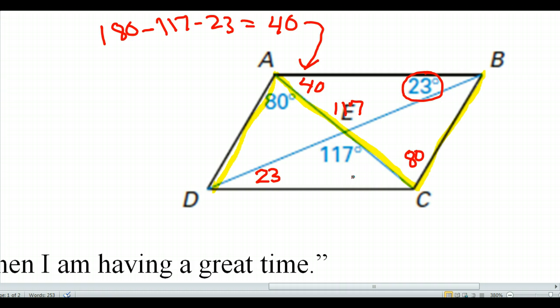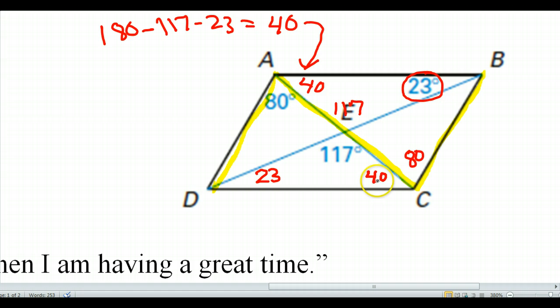Okay. I mean, the bottom triangle is identical to the top triangle. So if we have 117 and 23, obviously the other one is going to be 40. You could do a Z angle and see it that way as well. But subtracting from 180 again gives us 40.